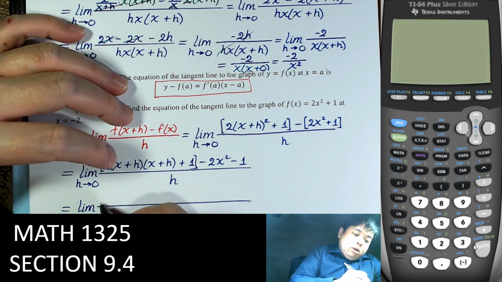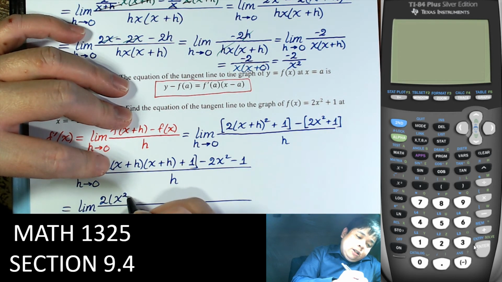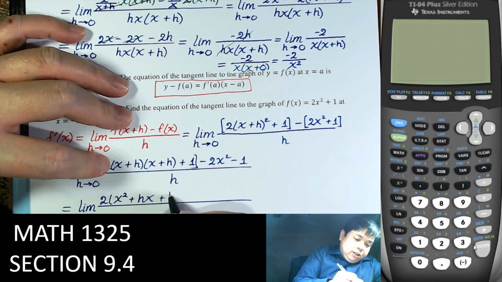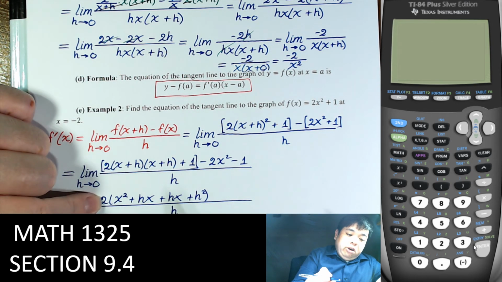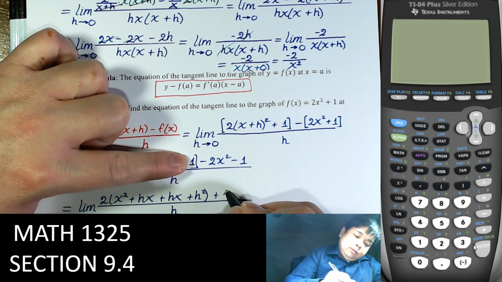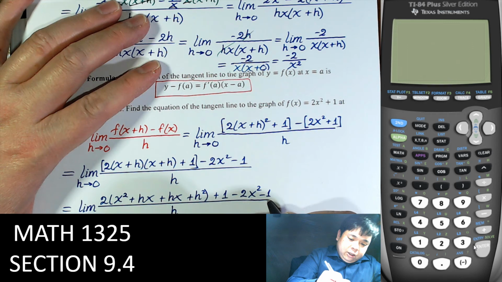Right, multiply it out. x times x, x times h, another hx, and then h squared. There's still 2 in front though. Then plus 1 minus 2x squared minus 1.